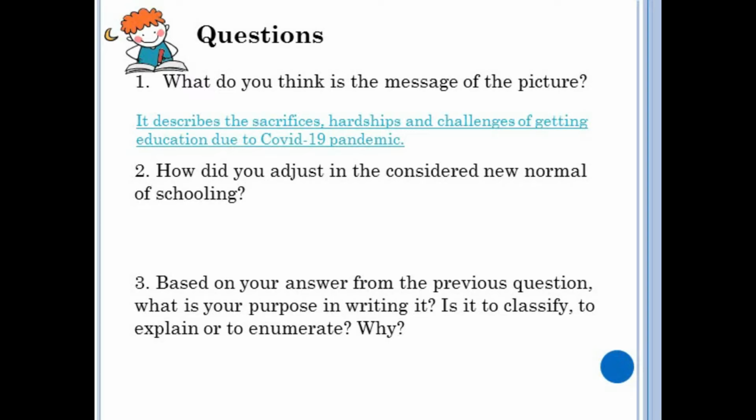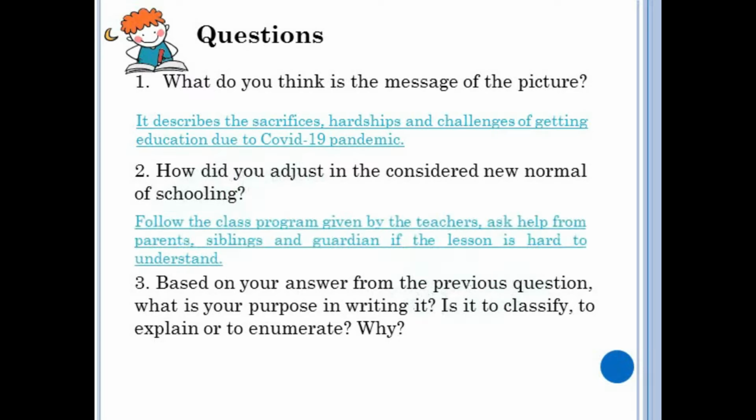Number 2, how did you adjust in the considered new normal of schooling? Answer: follow the class program given by the teachers, ask help from parents, siblings, and guardian if the lesson is hard to understand. Number 3.